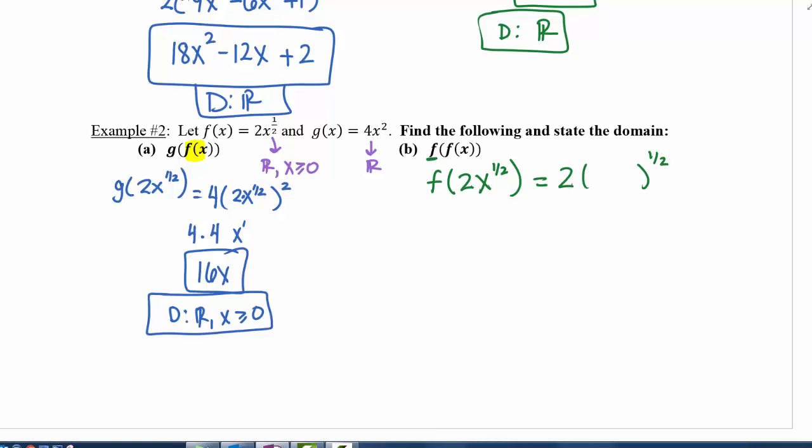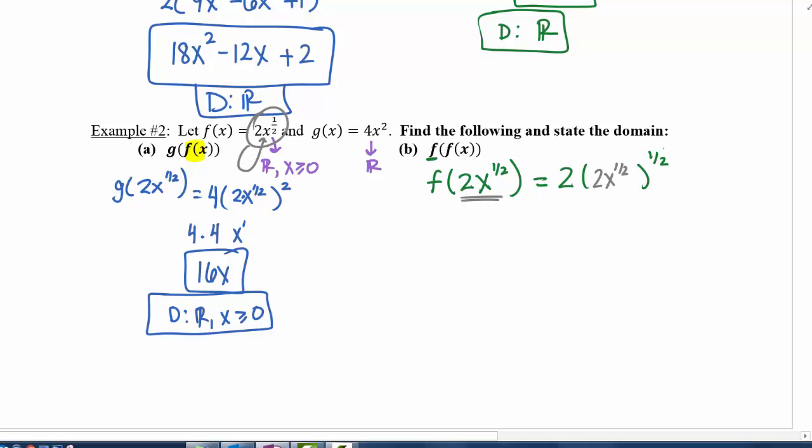I am taking f and plugging it into itself, where x used to be. So the 2 and the 1 half have to stay, and now my input is 2x to the 1 half. Again, you're taking away the original x, you have to take it out and then put something in its place. You're changing the input. So now I'm inputting f of x into f of x.